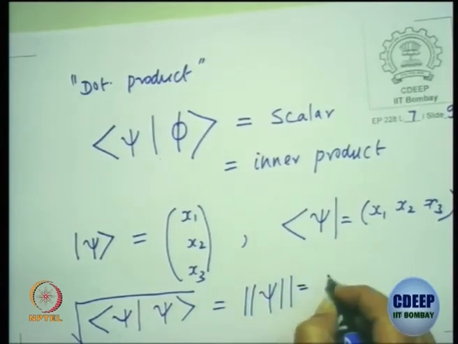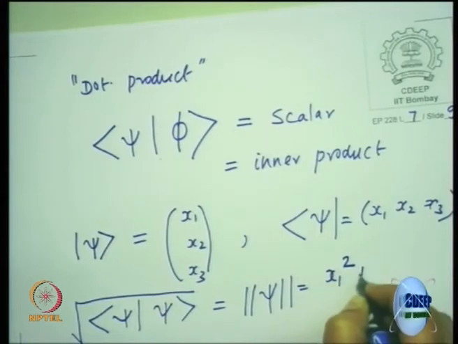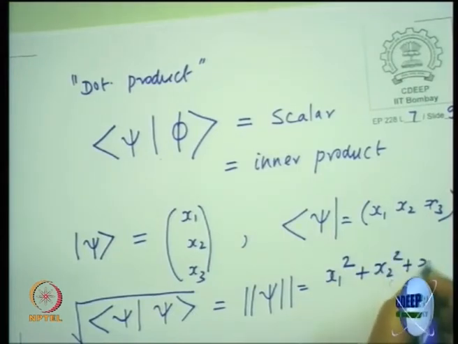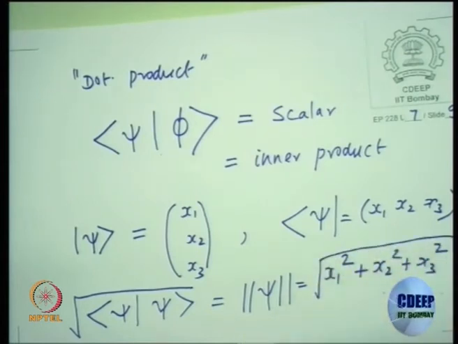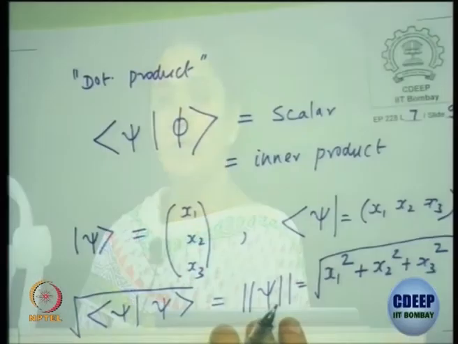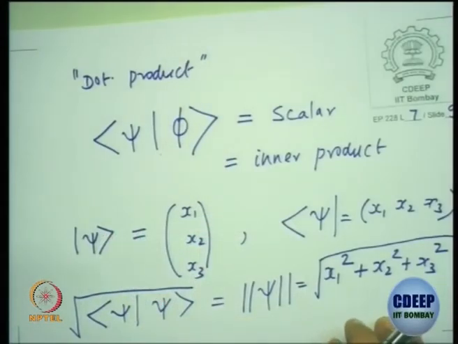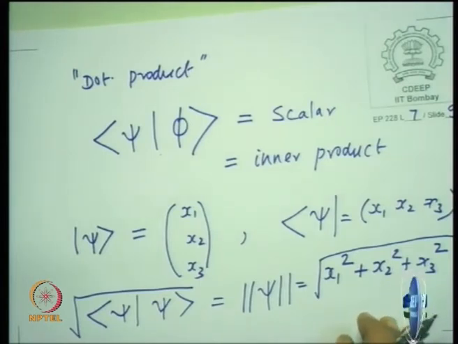That is just x1 squared plus x2 squared plus x3 squared. They are sums of squares, so it should be positive. This norm of the vector psi should always be positive, and it should also be finite.